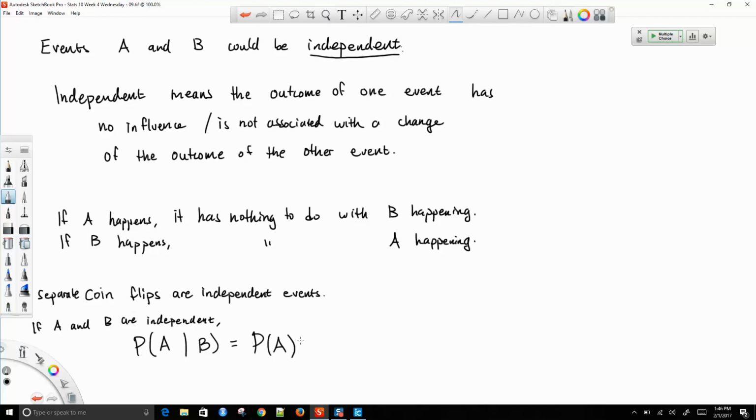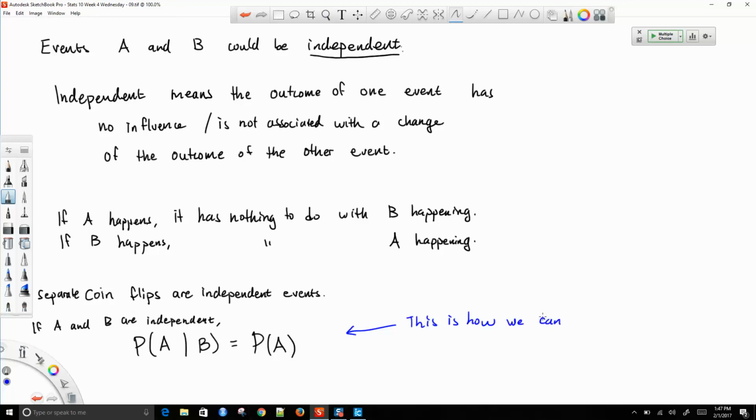So whether B has happened or not, the probability of A happening, given that B has happened, is just the probability of A. All right? And this is how we can check to see if two events are independent. We check to see if the probability of A given B is equal to the probability of A. Okay? Yes. Is this the same as being mutually exclusive?